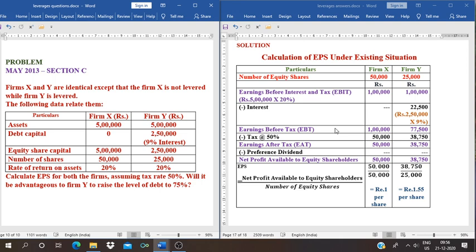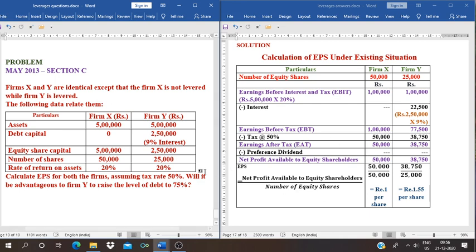Now, EBT. How will we get the EBT? We have to deduct the interest from the EBIT. Here for X there is no interest, so 1 lakh as it is. For firm Y, EBIT is 1 lakh and interest is 22,500. Then EBT is 77,500.